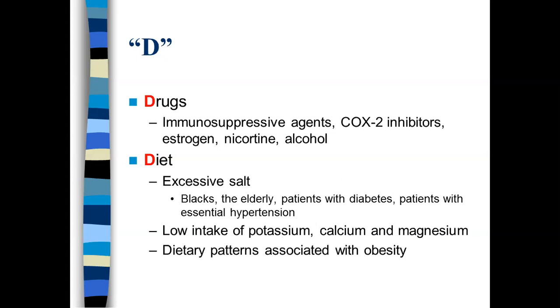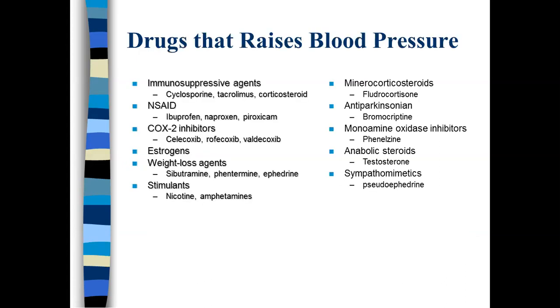Dietary patterns associated with obesity can cause hypertension. Drugs like non-steroidal anti-inflammatory drugs, COX inhibitors, estrogens, weight loss agents, amphetamines and nicotine, mineralocorticoids, anti-Parkinsonian drugs, monoamine oxidase inhibitors, anabolic steroids, sympathomimetics.